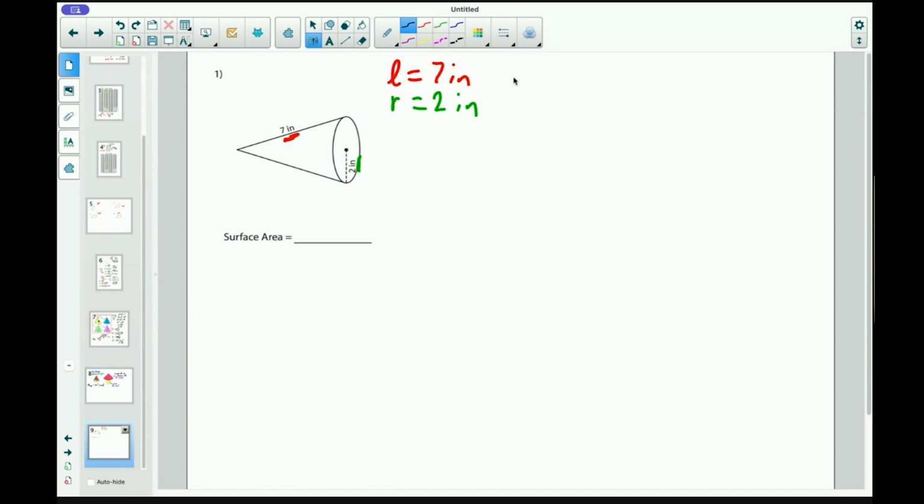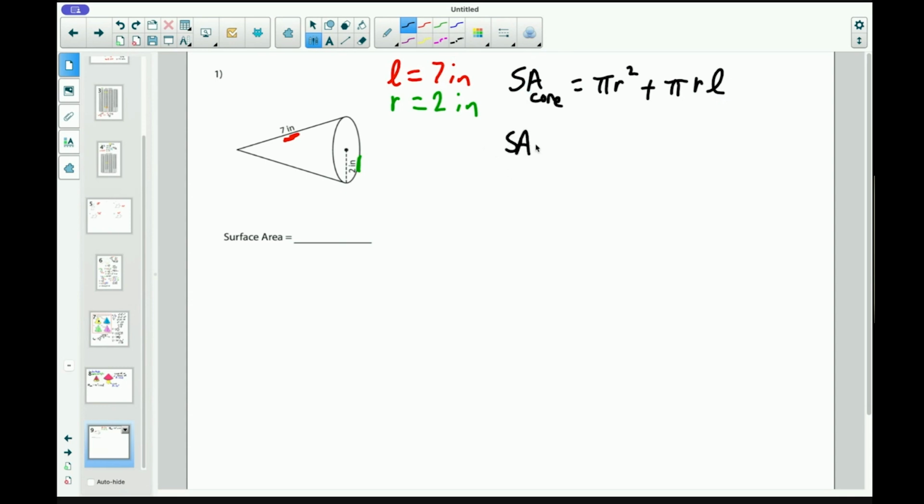Okay. So our surface area, and again, because we want to commit this to memory, let's write that out. Pi r squared, which is the circle at the bottom, plus pi times r times L. We have r, we have L, we have everything that we need, so all we need to do is put these into my formula.